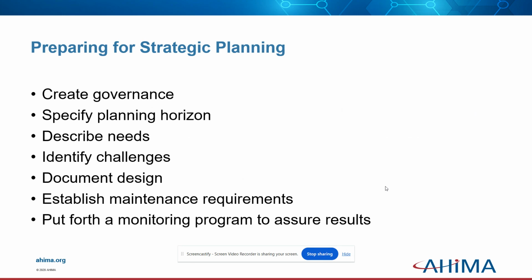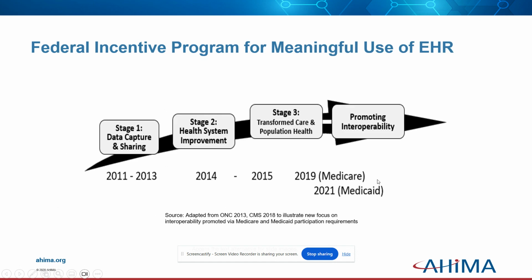How are we going to monitor whether we are progressing towards achieving those? Here's a graphic that shows a federal incentive program for meaningful use for electronic health records. And you can see the various stages over a multi-year period to ultimately get to a point where we're promoting interoperability.